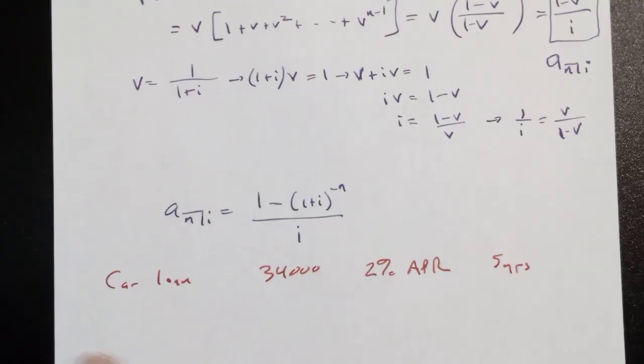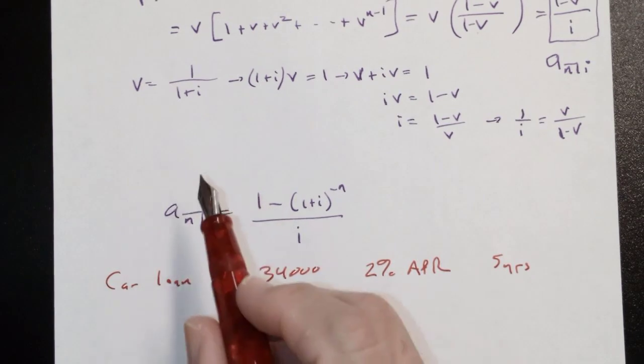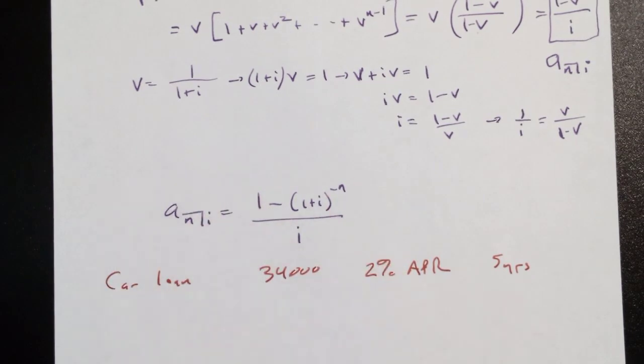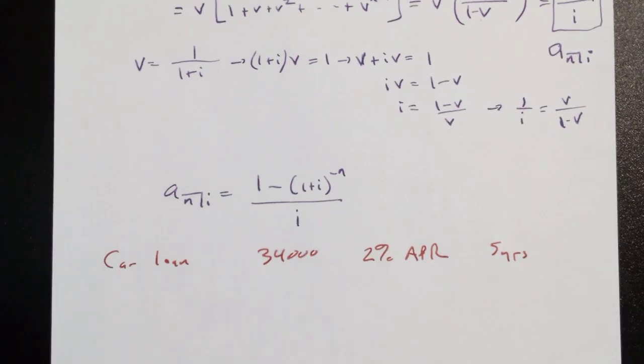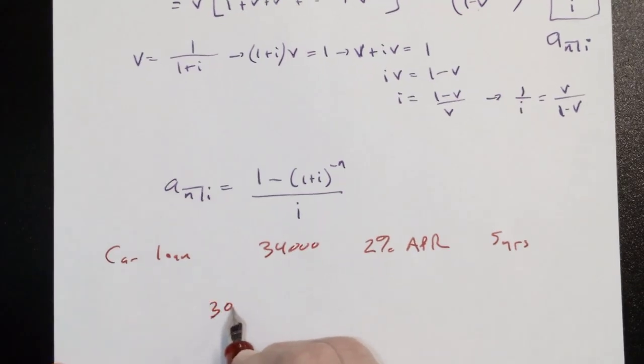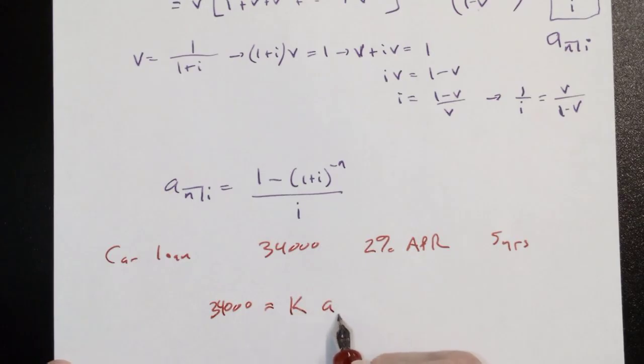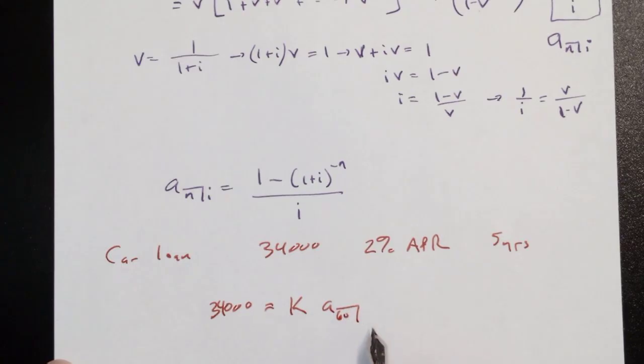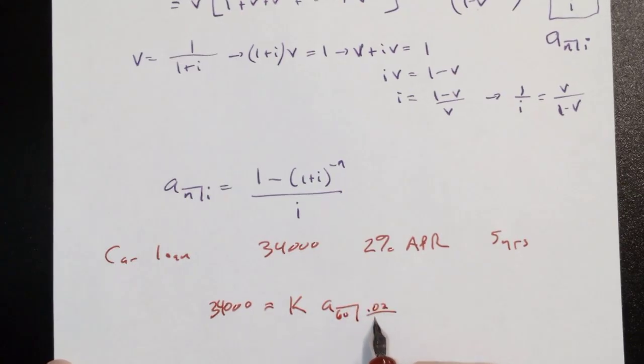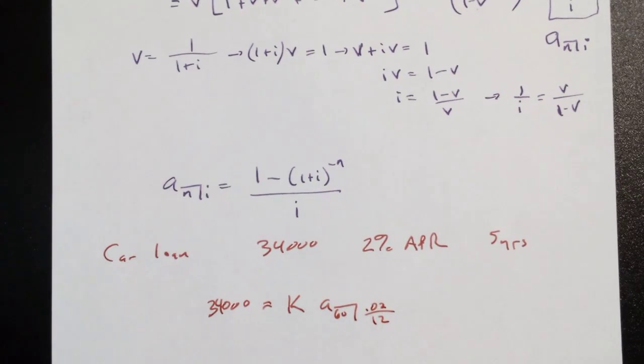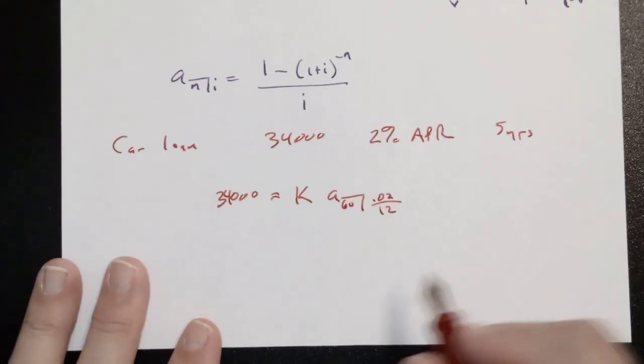I can do that calculation right here because that's the monthly payment on the present value. I need to borrow this today. If $34,000 is my present value and I'm going to make some payment for 60 months at 0.02 over 12 per month, I can work this out and get exactly how much we're going to have to pay.